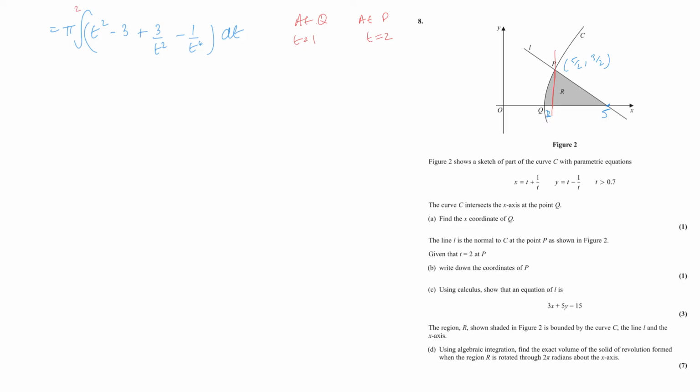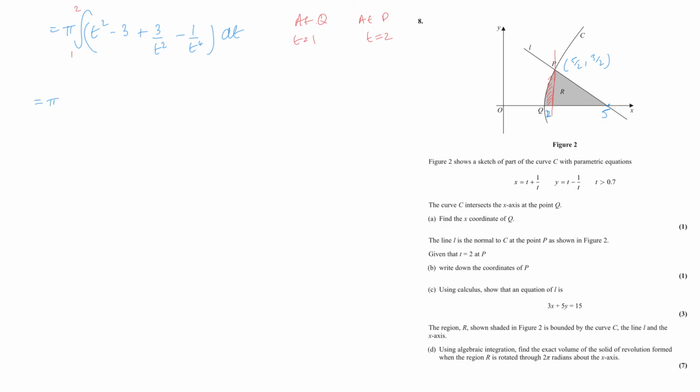So I'm going to integrate this between 2 and 1. But that's only going to give me this area here. And then the second part of the area I'll do as a triangle. So I'll do that once I've done the integration, okay? Now back to the integration.